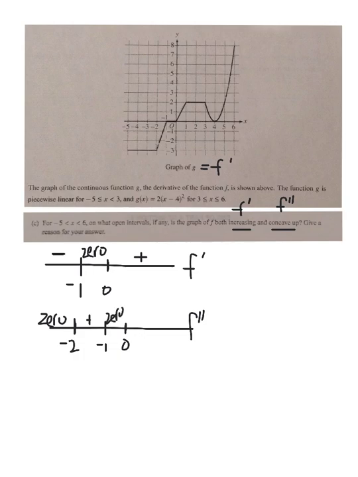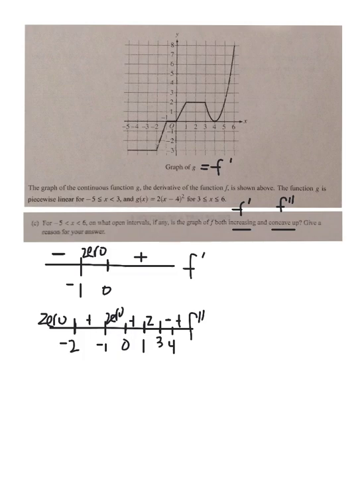Then from 0 to 1, do you see I'm increasing? Then from 1 to 3, I'm back to doing nothing again. I'm going to just put a Z there because I'm running out of room, I'm sorry. Then from 3 to 4, I'm decreasing. And then from 4 to 6, I am increasing. So I'll stick a little plus sign in there.